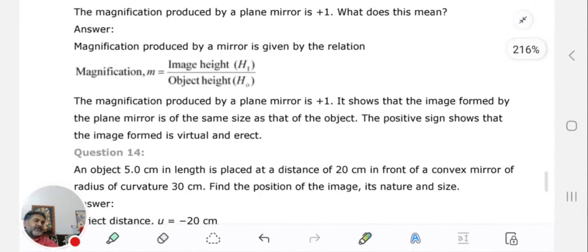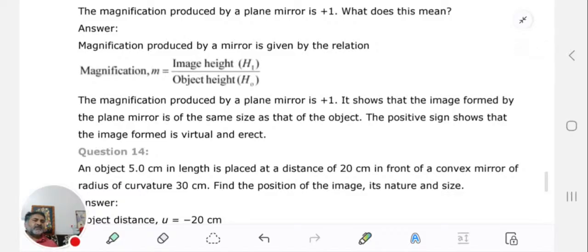So magnification produced by the plane mirror is +1, image height upon object height. It shows that the image formed by the plane mirror is of the same size as the object. The positive sign shows that image formed is virtual and erect.